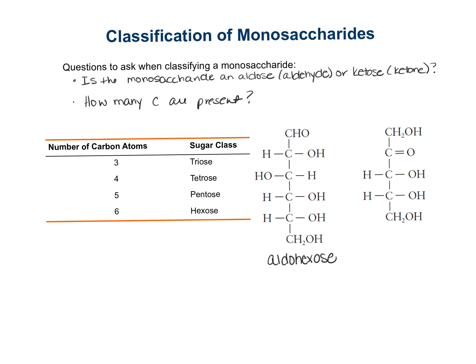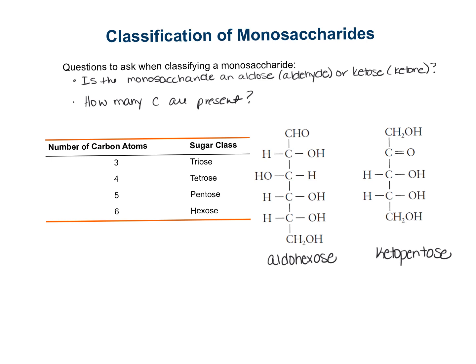Then this over here has a functional group that's a ketone, and so it would be classified as a ketose, and it would have 1, 2, 3, 4, 5 carbons, and so it would be a ketopentose. And that's how we would go through and classify it.